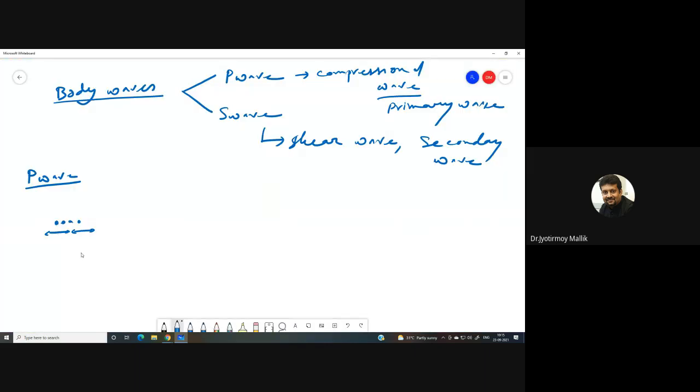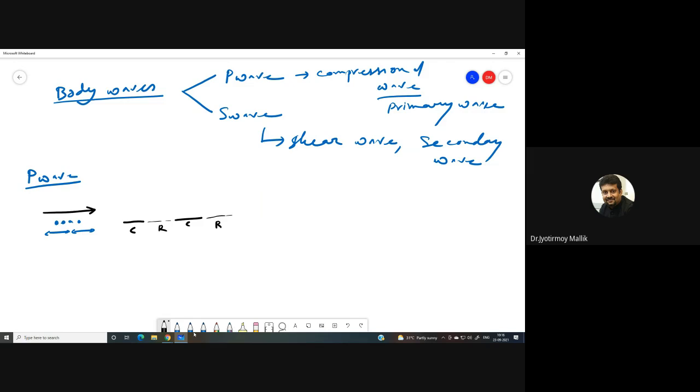Okay. So if the direction of wave propagation is parallel to the direction of oscillation of these individual particles, we call it a P wave or primary wave. And how this essentially propagates is by creating a series of compressions and relaxations.